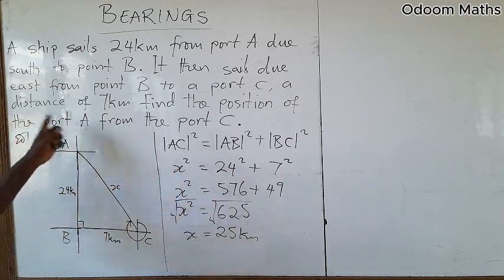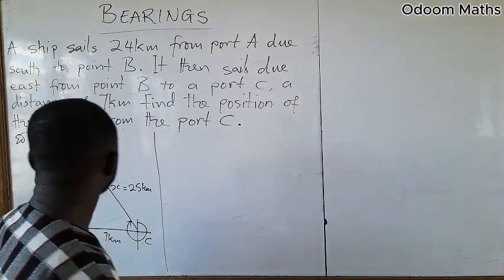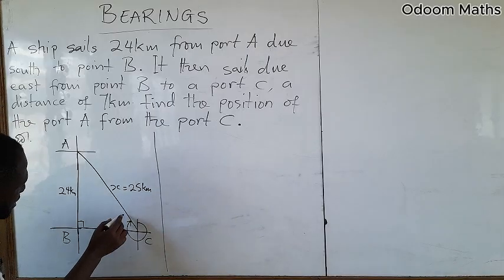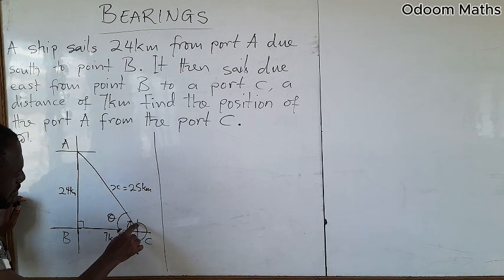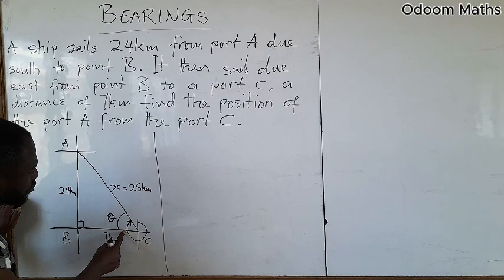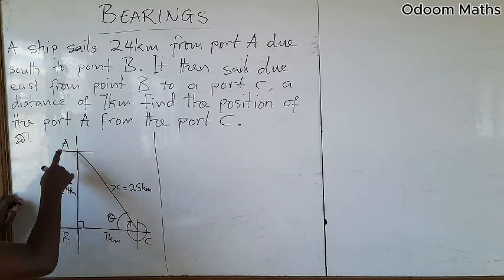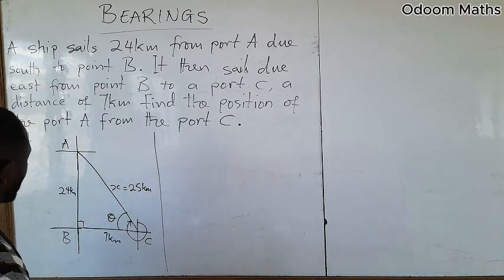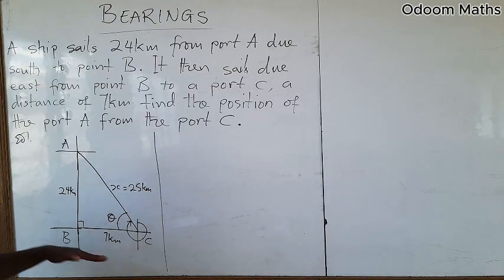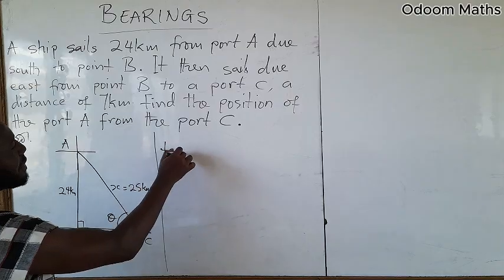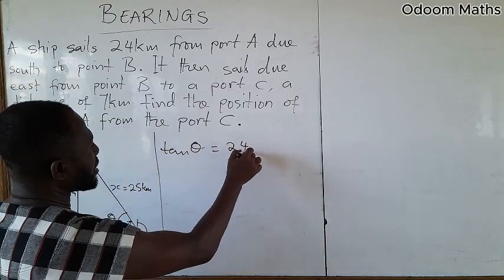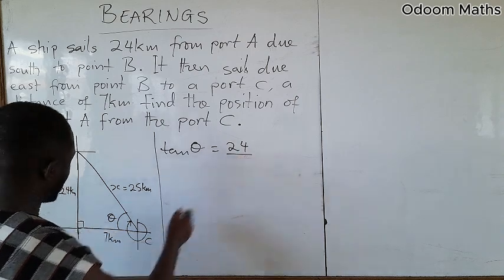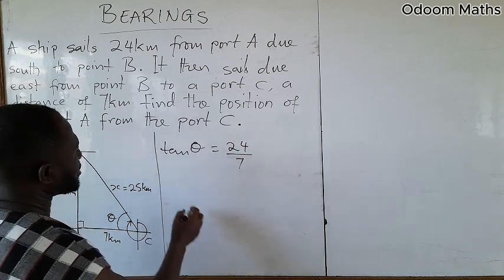Now let's look at the bearing. For the bearing, let me call this small angle here theta. From here to here is 270 degrees. Now 270 plus theta will give us the direction of A from C. Looking at this, this is opposite to this angle and this is adjacent. So I'm going to use tan theta is equal to opposite, that is 24, over adjacent, which is 7.